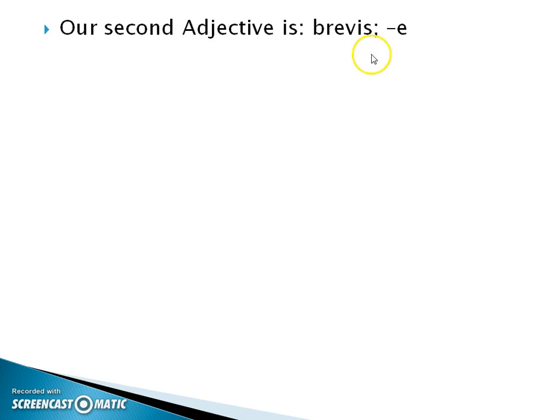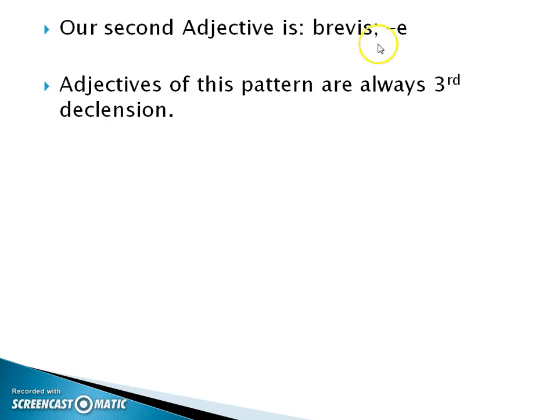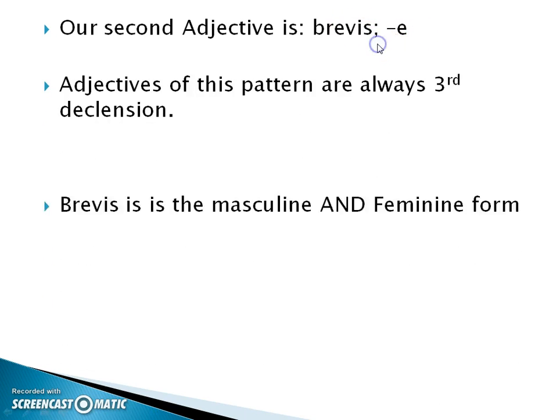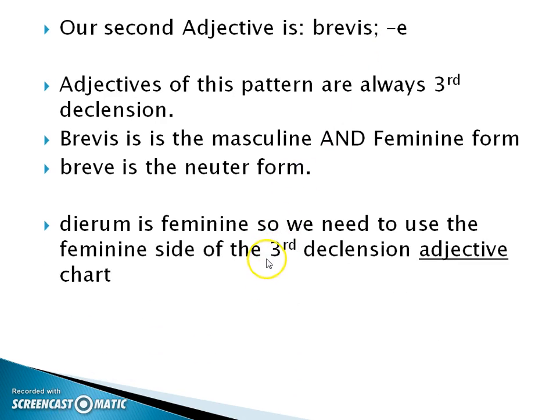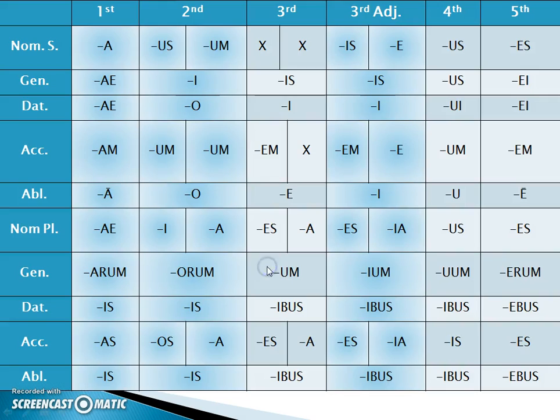Second adjective, brevis, breve. Remember that brevis is the masculine and the feminine, and breve would be the neuter, and these are always third declension. Our word is feminine, so we need to use the feminine side, the brevis side, of the third declension adjective chart.